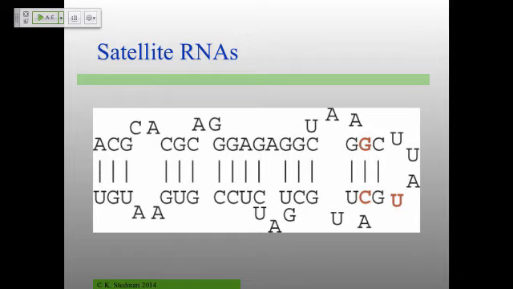Particularly known for tobacco mosaic viruses, but also some of the cucumber mosaic viruses, this can give you a really nasty phenotype if you happen to be packaging a satellite RNA versus another virus which doesn't package a satellite RNA. People think this may be mimicking some part of the ribosome, like a ribosomal RNA or a tRNA, but it's really not entirely clear why these satellites have these particular phenotypes.